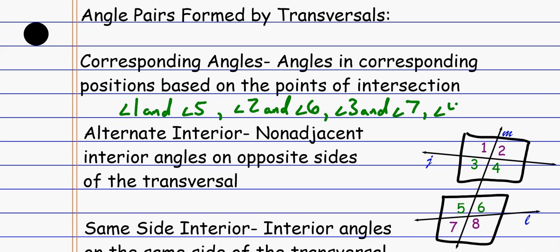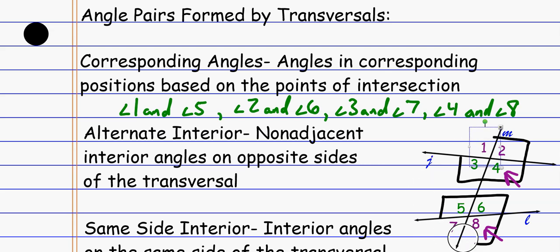Angle 4 is in the same spot as angle 8. All right. It's just visually, are they in the same spot? Are they in the same position? All right. And so again, down here, I'm looking at this corner, and now I'm looking at this corner. Oh, those are in the same spot. When I take a picture of each of those groups of angles, those are corresponding angles, okay?